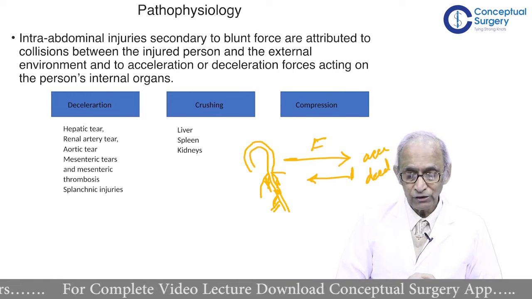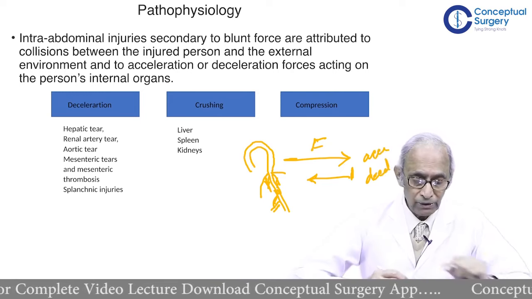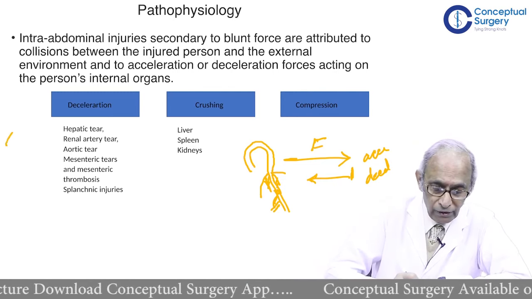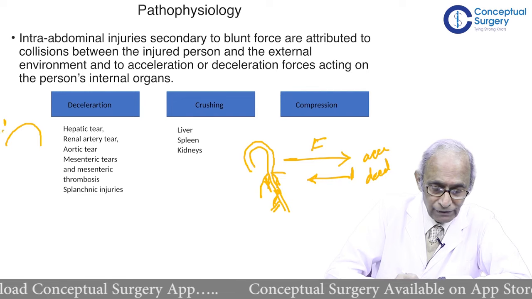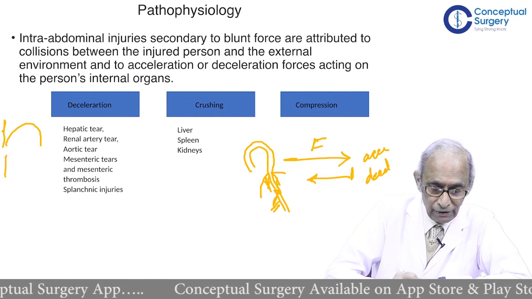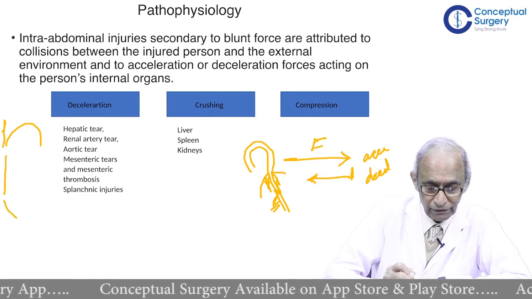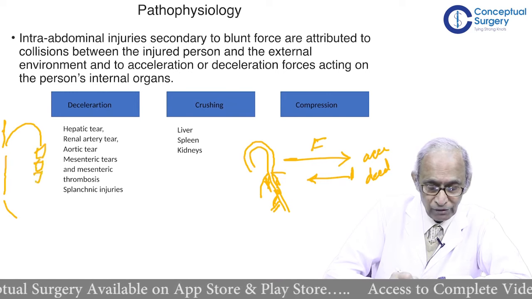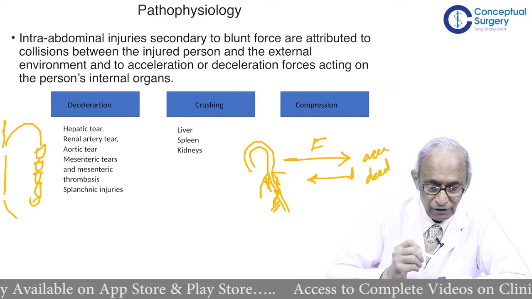There can be another situation. If you look at the abdomen, this is the diaphragm and this is the thoracic cage, anterior abdominal wall, pelvic area. This is how we divide it, isn't it? Then posteriorly, we have the vertebral column, which is a fixed area.